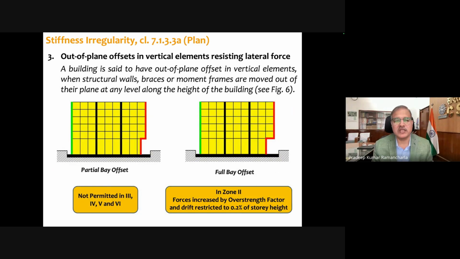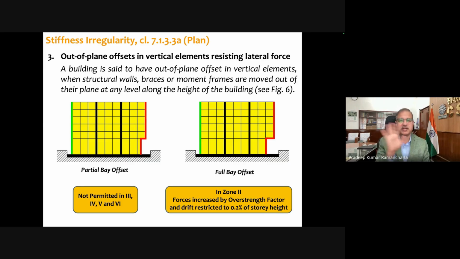So this is next one. Then coming to the third plan irregularity, which is related to stiffness, that is out-of-plane offsets in vertical elements. As you can see here, the partial frame is offset. That means these frames, when you look at partial and full, are offset in plan. So when they are offset in plan, what does the code say?